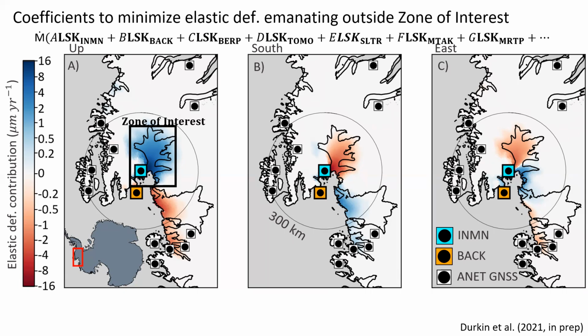So, for example, to isolate the elastic response only from Pine Island Glacier, what we did was to solve for the combination of coefficients that minimizes the elastic deformation contributed by ice mass loss outside of this bounding box. And once we have these parameters, you can take the elastic deformation observed at the GNSS sites and add them up in the right way so that it tells you how much elastic deformation Pine Island Glacier is inducing.